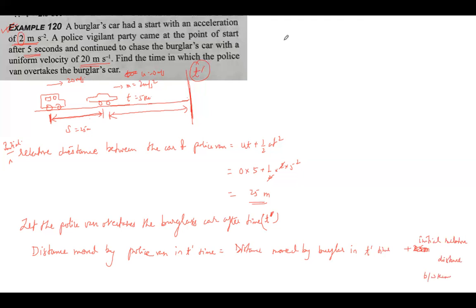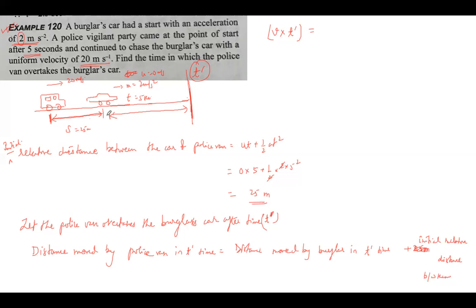So पुलिस वैन जो t टाइम में कितना डिस्टेंस ट्रैवल किया, this is speed into time because it is moving with a uniform velocity, and distance moved by burglar is ut plus half at square. Right.